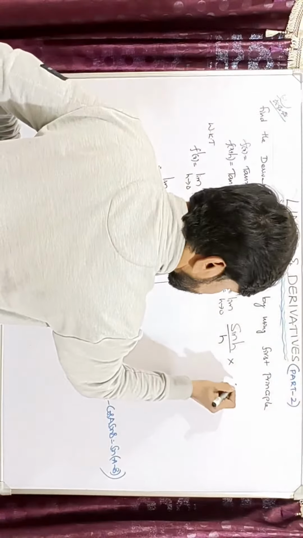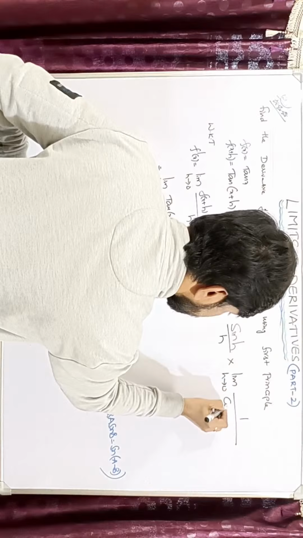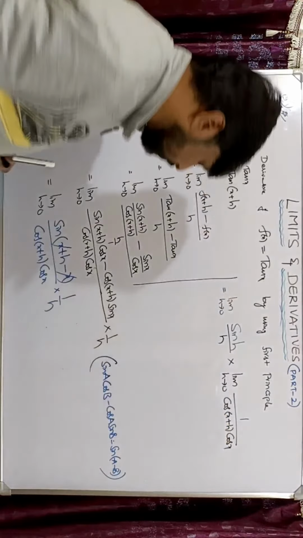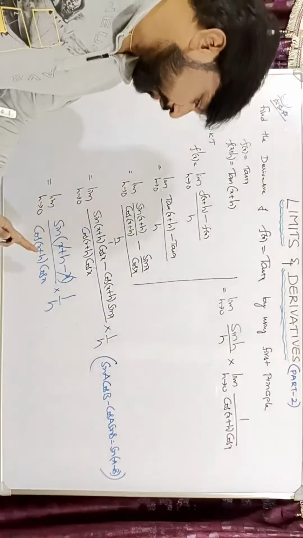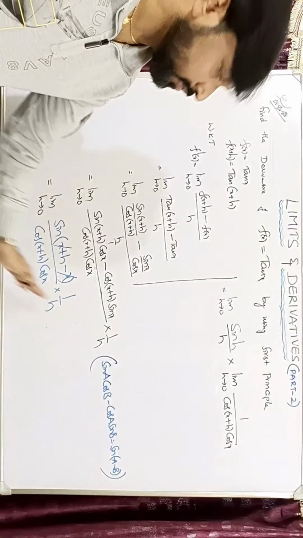So this is equal to limit h tends to 0, 1 by cos of x plus h into cos x. I hope you understood. In the limit formula you can split into two limits, so limit of this thing into limit of that thing.